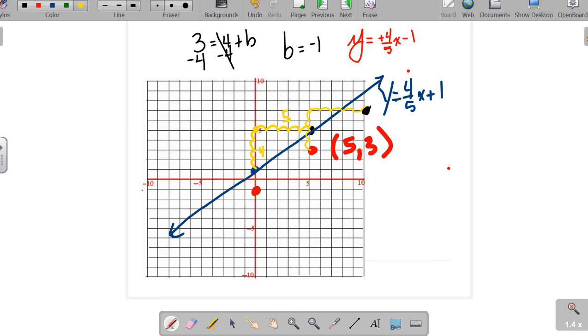Let's count our slope out. 1, 2, 3, 4. 1, 2, 3, 4, 5. That's a rise of 4, a run of 5, the same. You take a look here with our original graph line, and it is the exact same line.